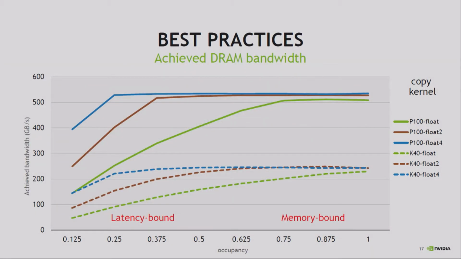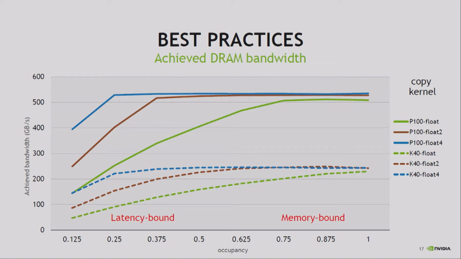Now, another thing, if you increase your occupancy, general trend is that your performance goes up, right? But at some point, it doesn't really change. So for example, with this, if you load float4, then even like 25% occupancy is good enough. So if you increase that, you don't see any difference here.